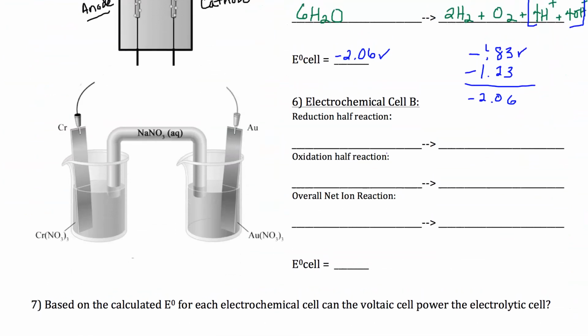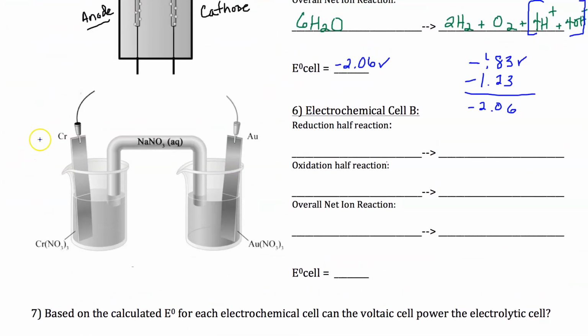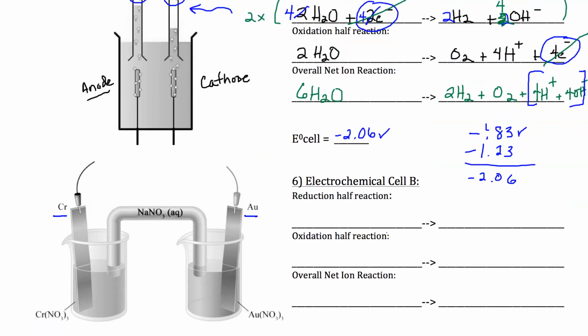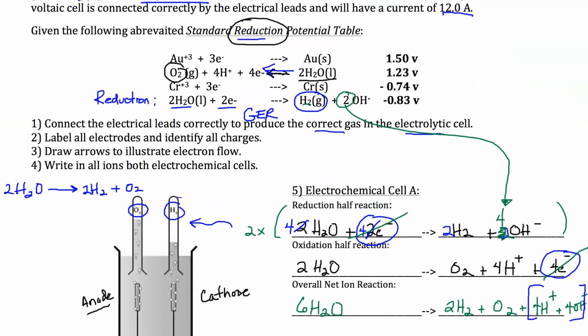Now the electrochemical cell. The first step before I can even think about connecting these to make this side the cathode, I've got to figure out who the anode is. So I've got chromium and I've got gold. Well, I know gold's bad at oxidizing, but if I forget, I go to my standard reduction potential tables. As I can see, chromium, when it oxidizes, goes this way.